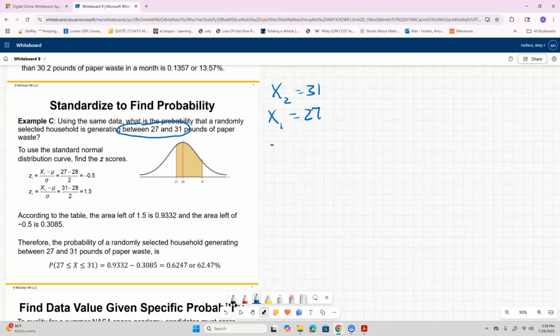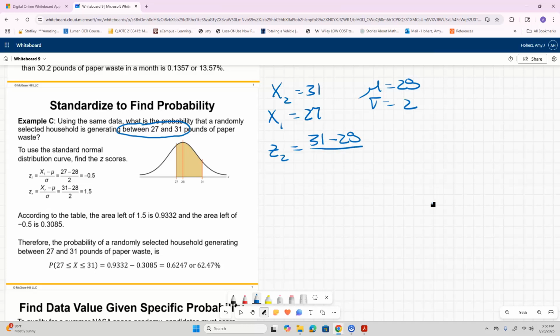So in this case, we'll call this our second z value. It is 31 minus our average, which was 28. We have our same average we had before. We still have mu of 28, and we still have sigma of 2, because it said to use the same data from the last problem.